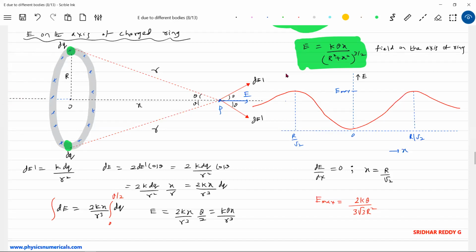On either side, from the center of the ring, at a distance R by root 2, the field will be maximum. How will it be directed here? Towards right. What about the field here? Towards left. Okay, this is about the field due to a uniformly charged ring on the axis.